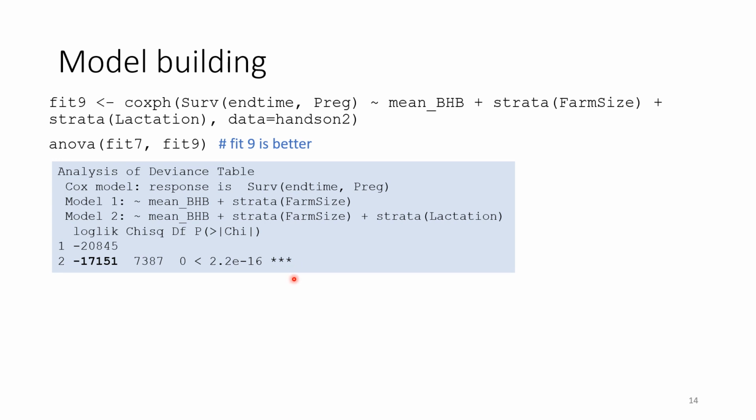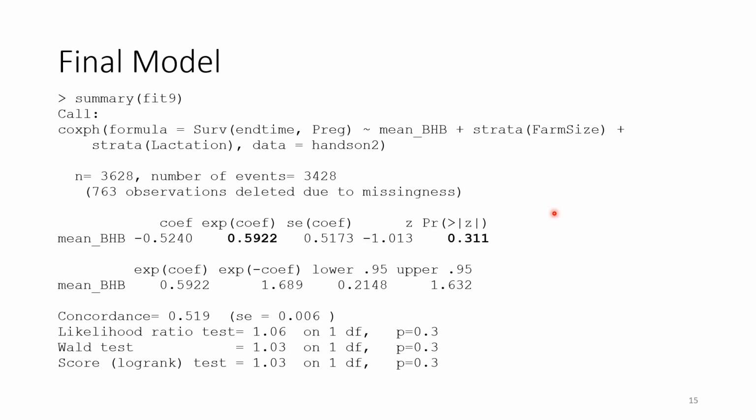So stratifying with both is better. For the final model, I decided to use mean milk BHB, stratified with farm size and lactation.